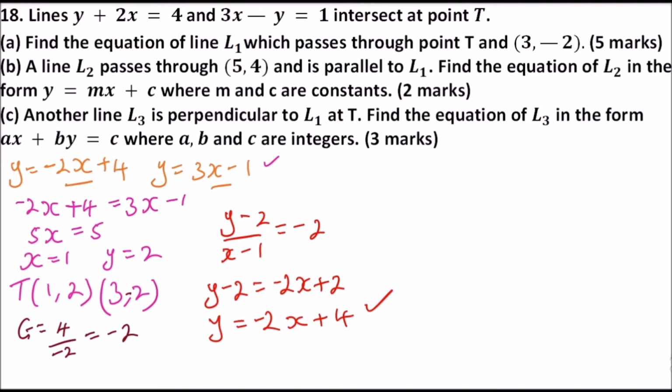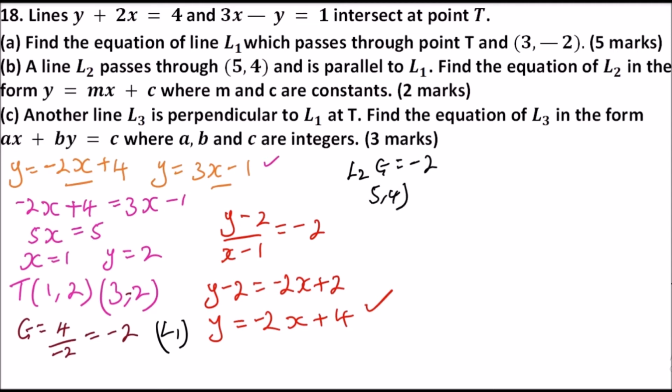From there, we go to B. A line passes through (5, 4) and is parallel to L1. So this is our L1. If the line L2 passes through (5, 4) and it is parallel to L1, it means the gradient of L2 is equal to the gradient of L1. We have found it is minus 2, and it passes through the point (5, 4).